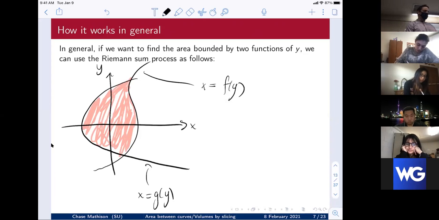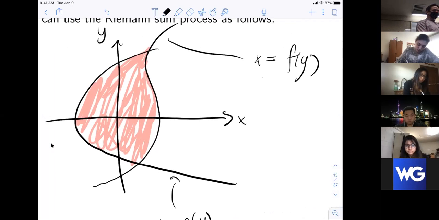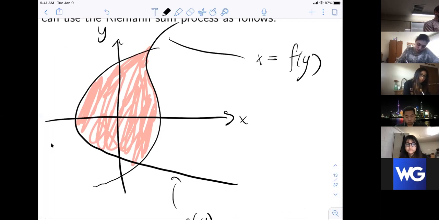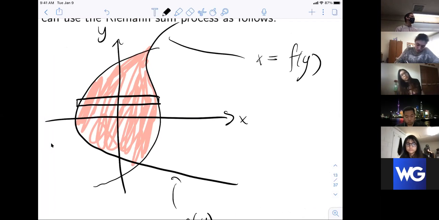I don't know how to find the area of that weird shape, so I'm going to cut it into a billion little pieces and take the area of each of the little rectangles I get and add them all up, okay? So instead of drawing out all of the little pieces, this is what I'm going to do. And this is what we're going to do for the rest of the semester here. We're going to take one little slice, okay?